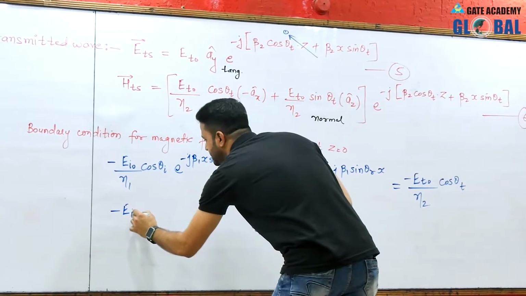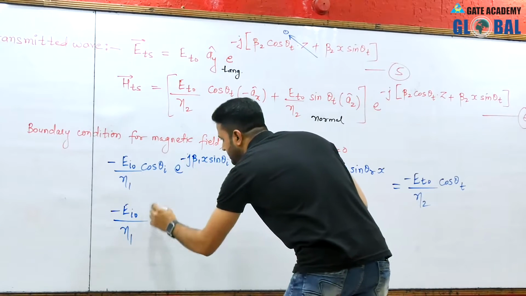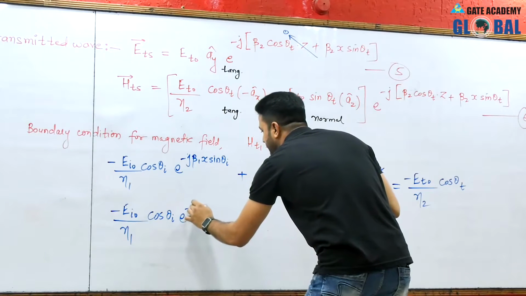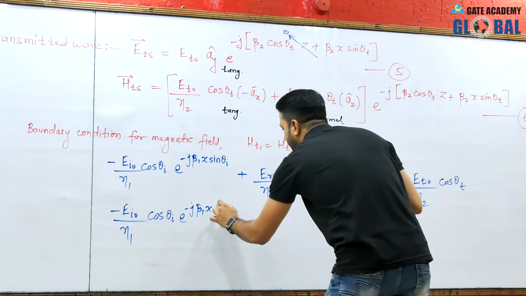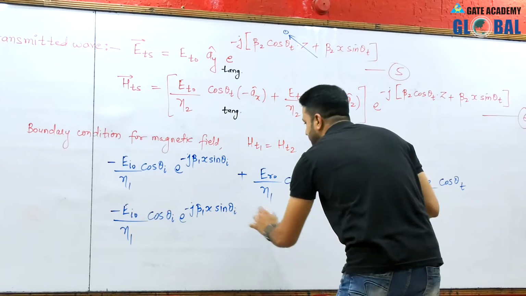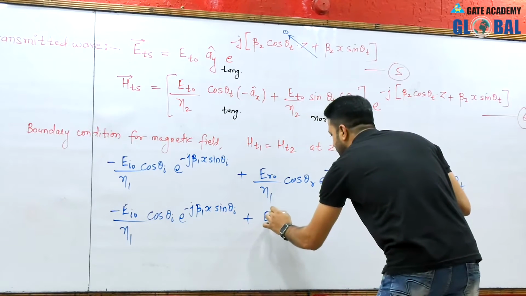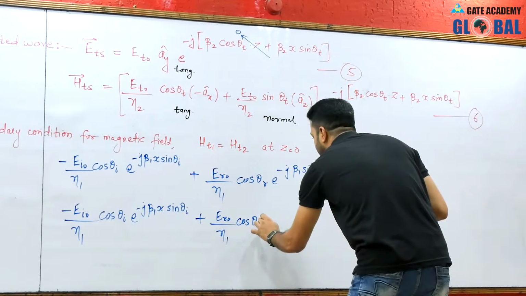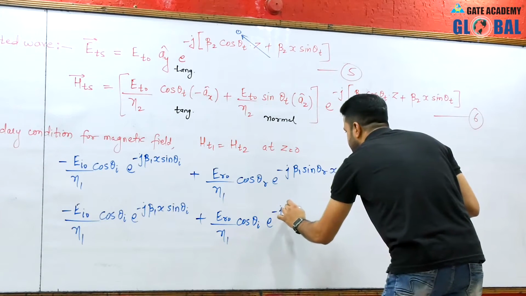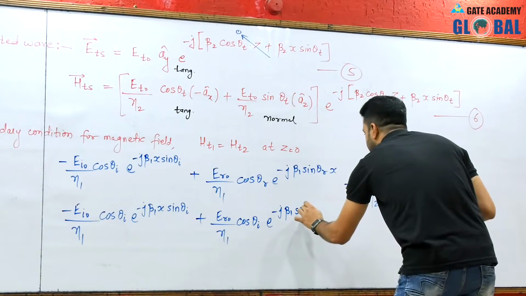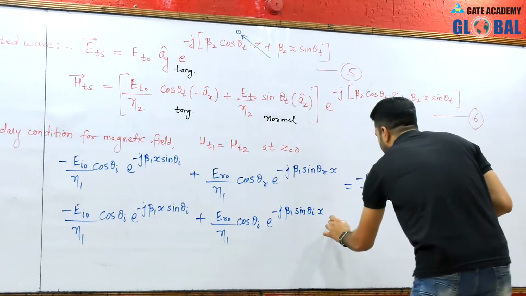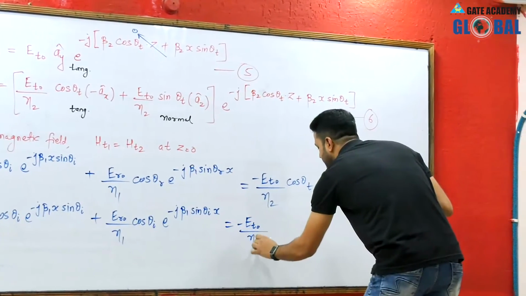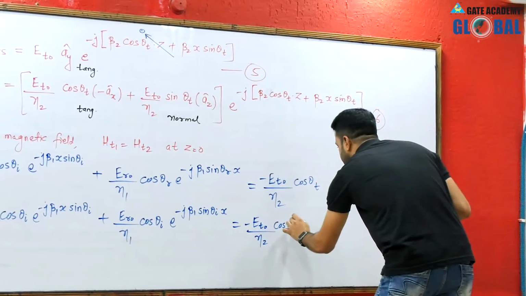So minus Ei0 divided by eta 1, this is cos theta I, that is cos theta I e to the power minus j beta 1 x sin theta I, and it is plus Er0 divided by eta 1 cos theta I e to the power minus j beta 1 sin theta I into x, equal to minus Et0 divided by eta 2 cos theta t.